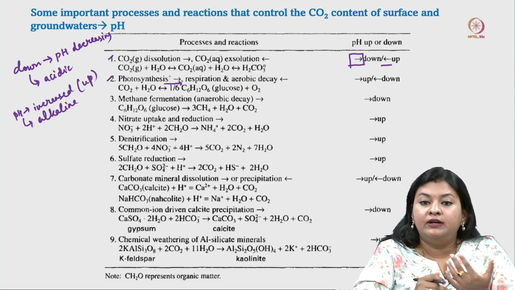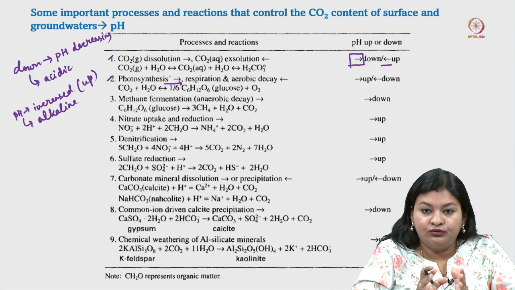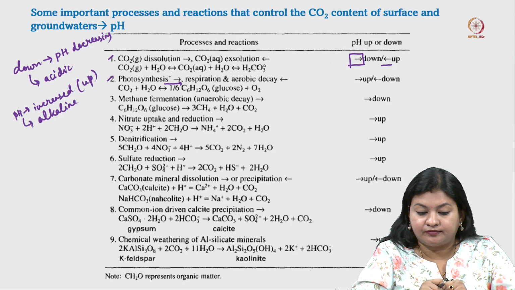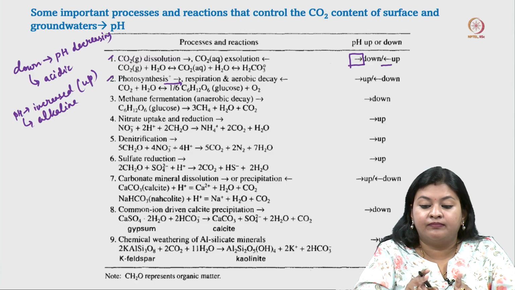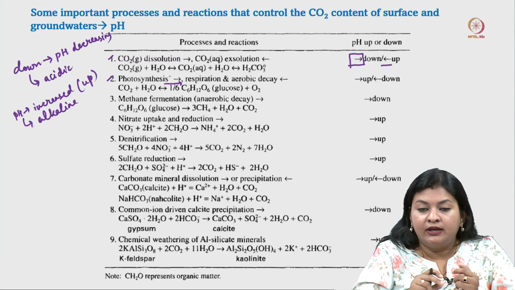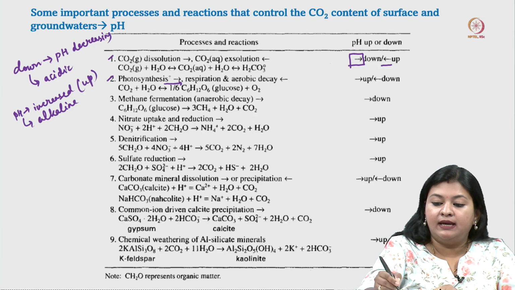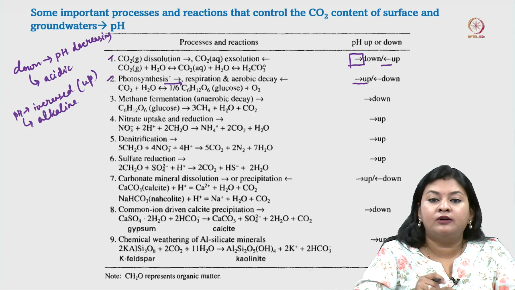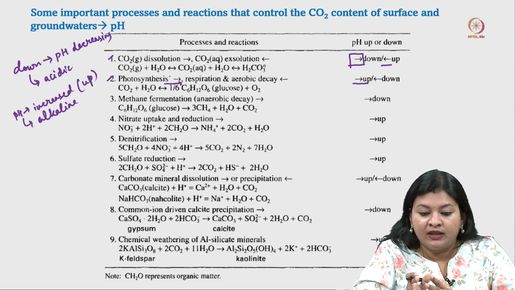Carbon dioxide is utilized with water to form glucose. Now, there is no acid production. So, the gradual uptake of carbon dioxide from the system will make that system more and more alkaline. You are removing carbon dioxide from the system, right.